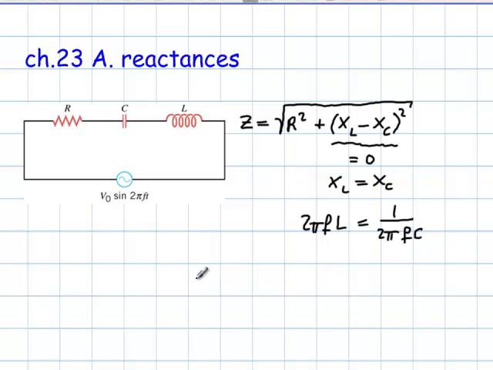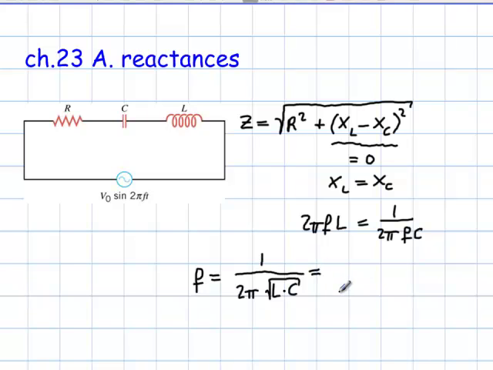They want to know what the frequency is, so I'm going to do the algebra on this one. Get all of this to the other side, and I have 4 pi squared F squared L times C, and then I get all of this back down here and take the square root. You may do the algebra yourself, but it's really straightforward that this is going to come out to 1 over 2 pi times the square root of L times C.